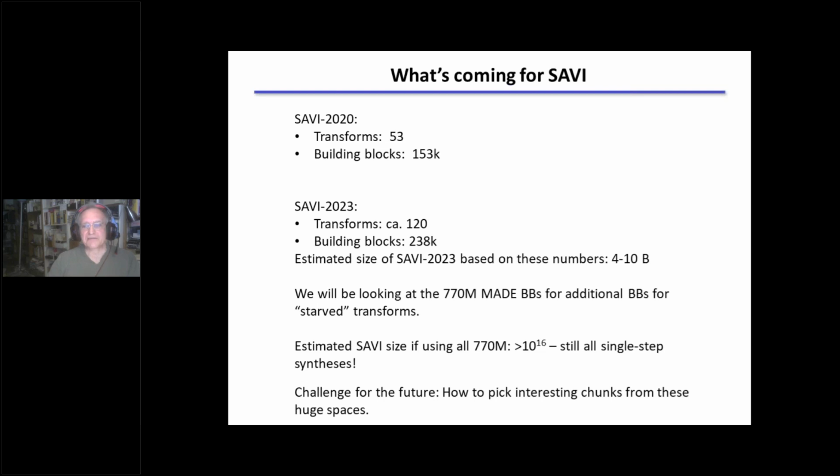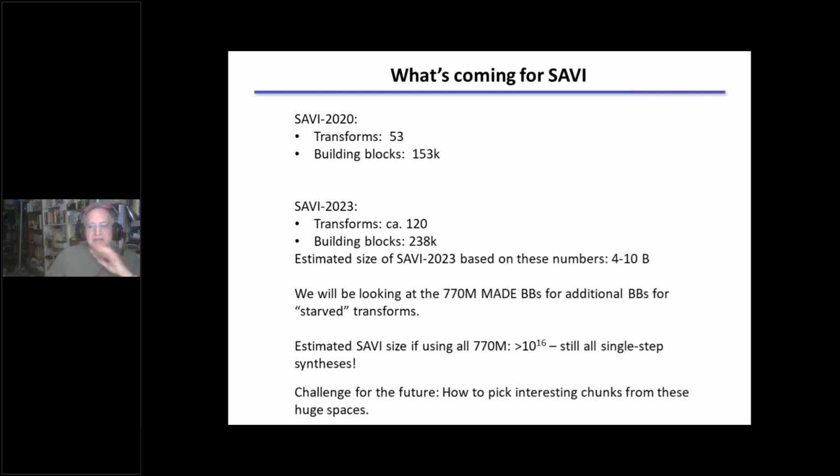We got from Yurii an updated building block set a little bit earlier with 238 building blocks. I estimate the size of this new database would be between 4 and 10 billion. It's a large range because we don't know yet how these new transforms will match with the existing building blocks. So this is kind of in the works.